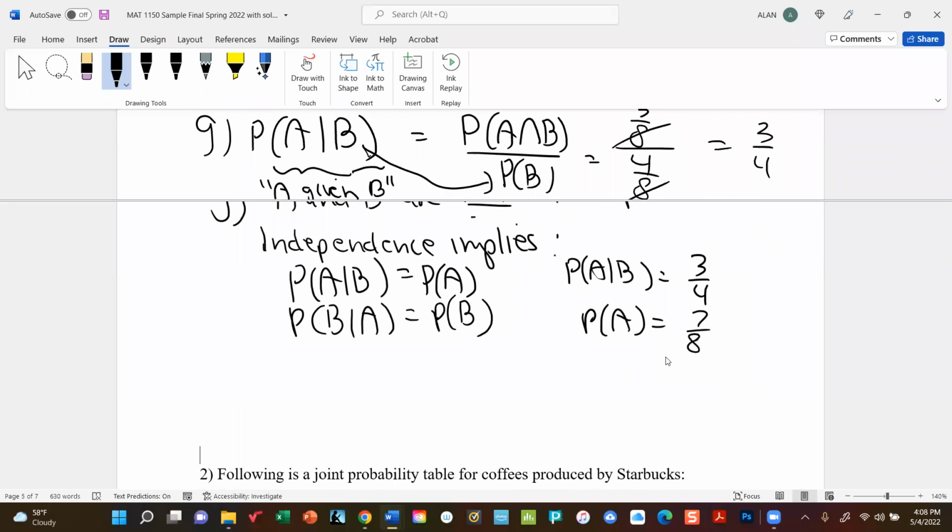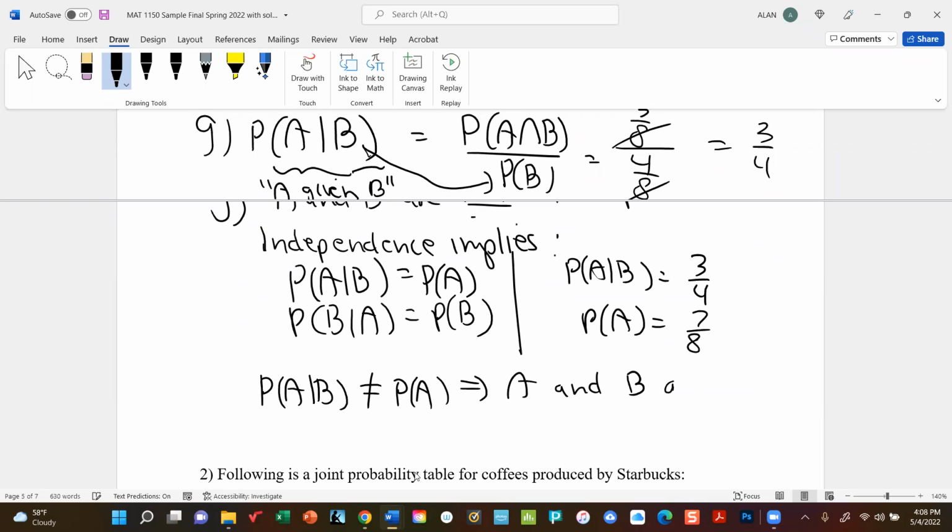And so what this means is that these two are not equal, which implies, and by the way, we don't have to check the second condition once we know that the first one is false. We have to have both for independence. So the inequality of these two means that A and B are not independent.